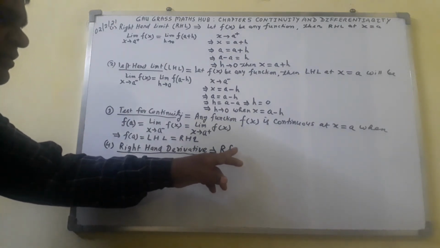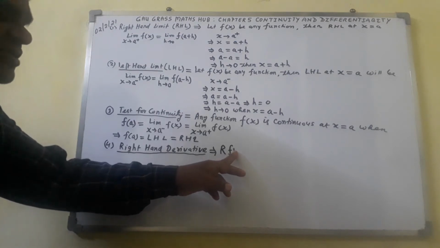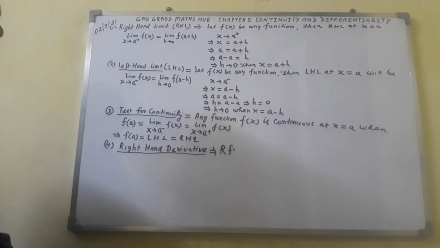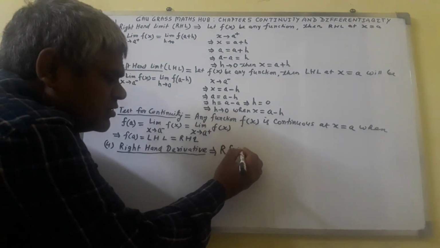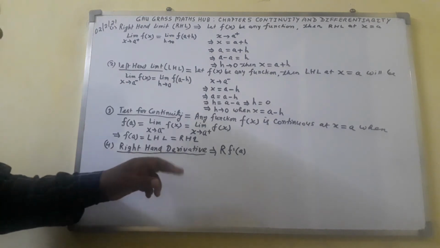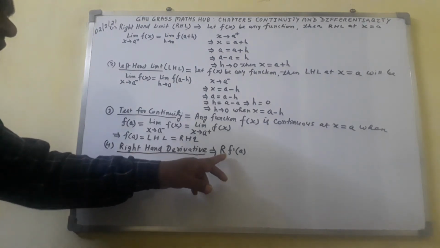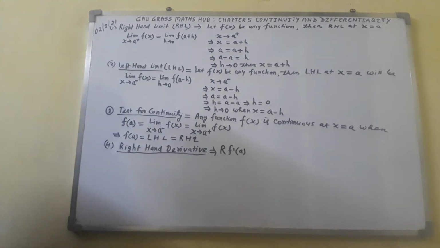A single dash means first order derivative. So right hand derivative can be represented by R f dash of a. So this is the formula.